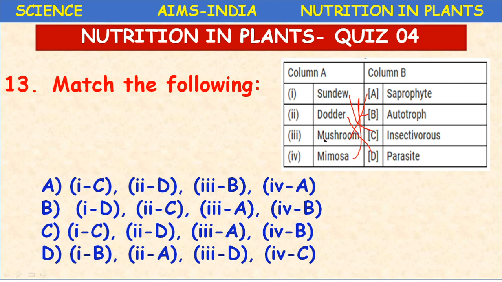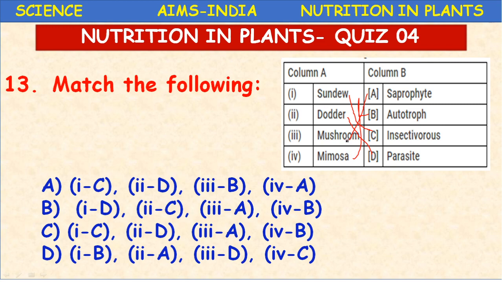Okay, children. Now 1 is C. So 1 is C, present in the A option and C option. Then 2 is D. In the first option it is there, and in the third option also 2 is D is given.